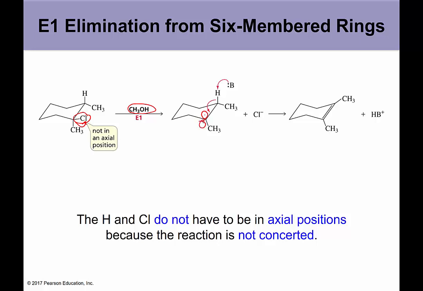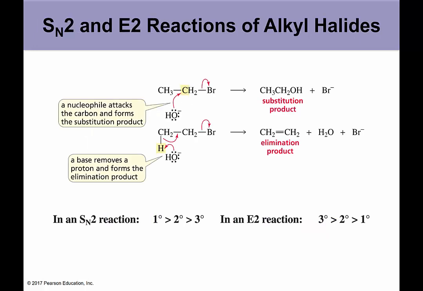That p orbital is aligned with this hydrogen because this becomes trigonal planar. And as a result, it doesn't have to be in the axial position if it's an E1 elimination. Now, if you use a strong base, that favors the E2 elimination. Weak base favors E1. So an E2 reaction is going to be strongly affected by substituents and their orientation on the ring.